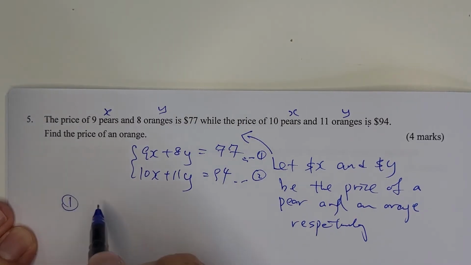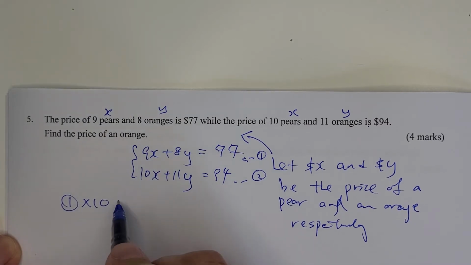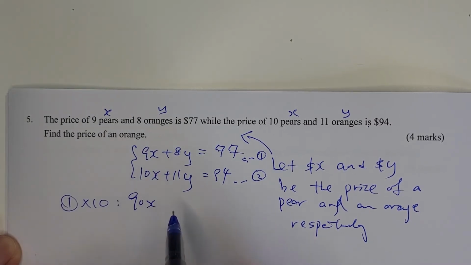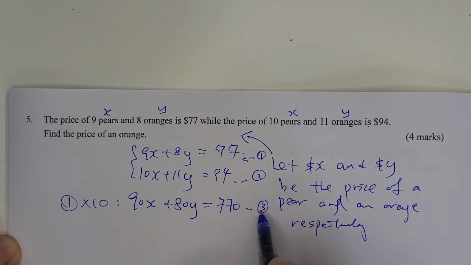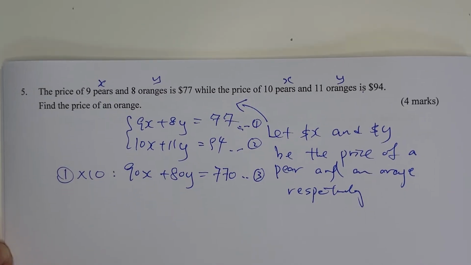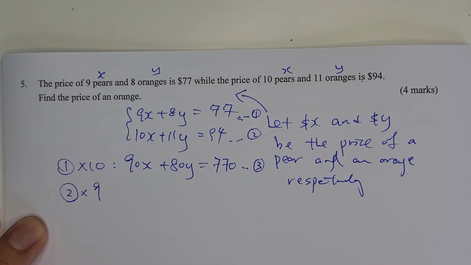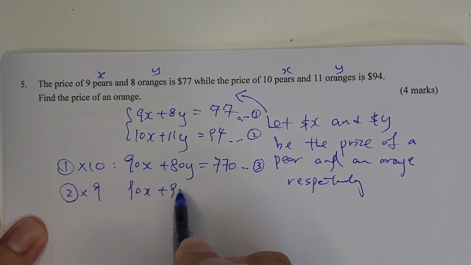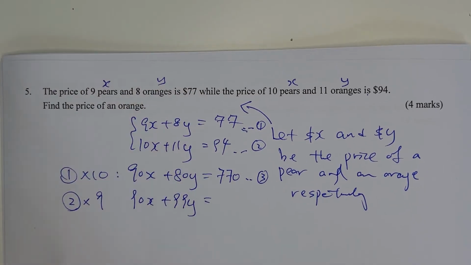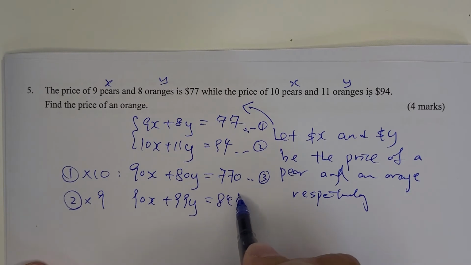So equation 1 multiplied by 10 becomes 90x plus 80y equals 770, that's equation 3. And for equation 2, I multiply with 9. So 90x plus 99y equals 94 times 9, that is 846.